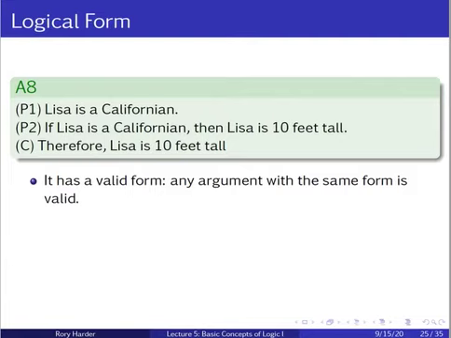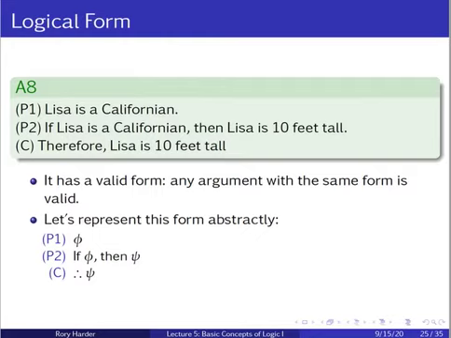This argument has a valid form. That's to say, any argument with the same form as this argument is valid. And as we've already seen, the form of this argument is called modus ponens. So any argument that has the form of modus ponens is a valid argument.